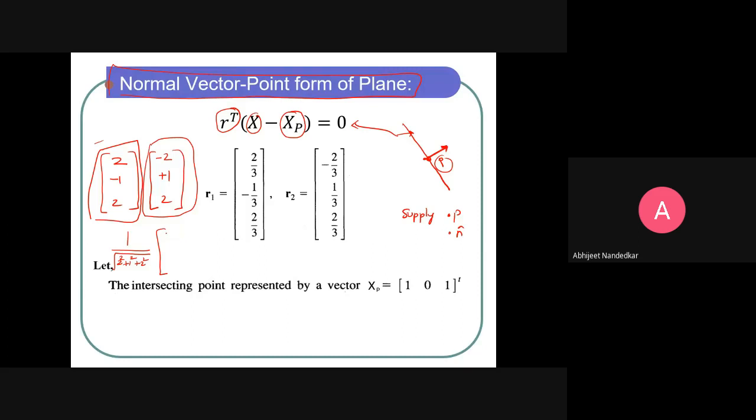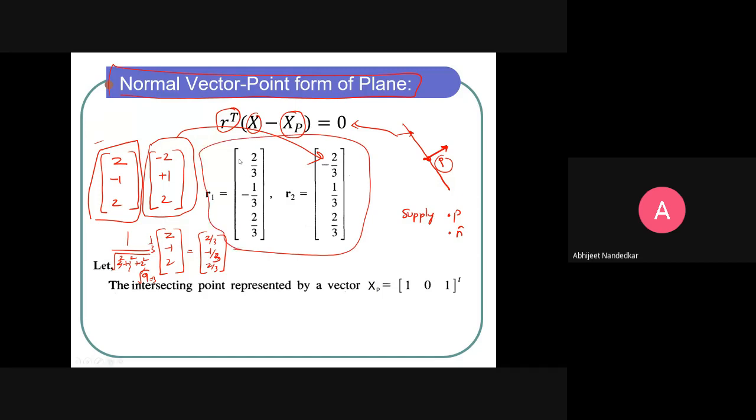So this is 4 plus 1 plus 4, that is 9, and the square root of that is 3. Then you multiply the vector 2, -1, 2 by 1 by 3, and you get 2 by 3, -1 by 3, and 2 by 3. Similarly, you take the second one and normalize it, and you will get -2 by 3, 1 by 3, 2 by 3. So these are our normalized vectors.